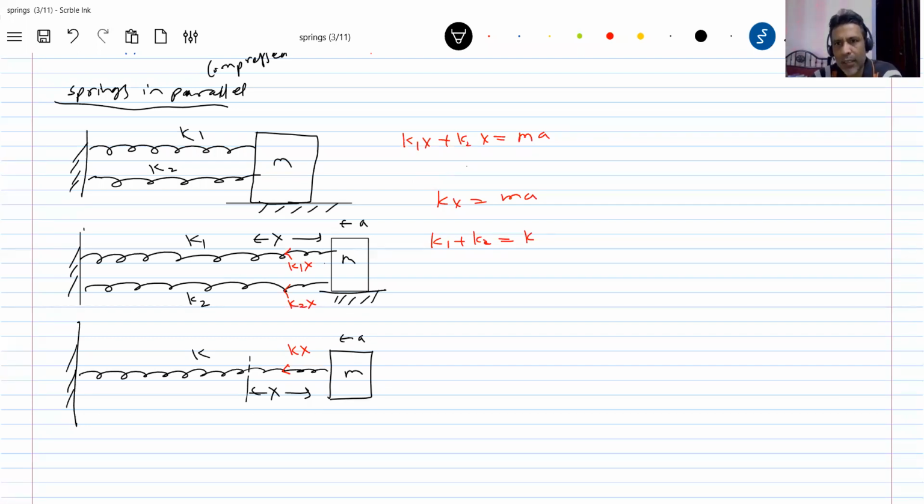So now springs in series. Sorry, in series. These are the two springs.